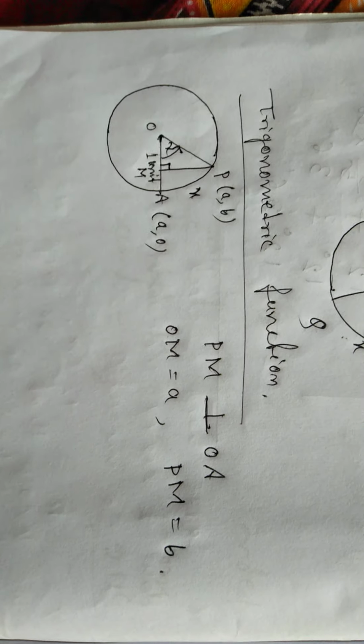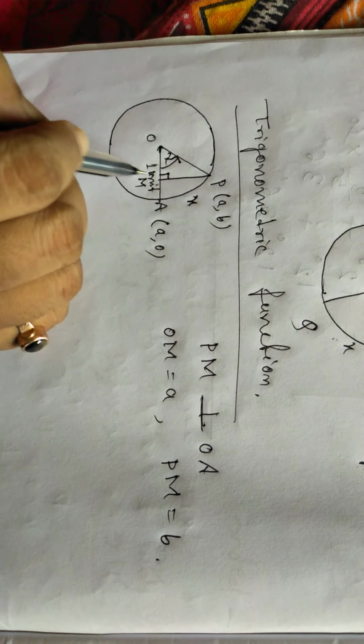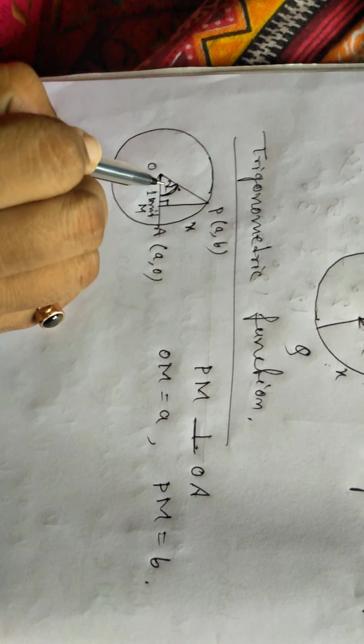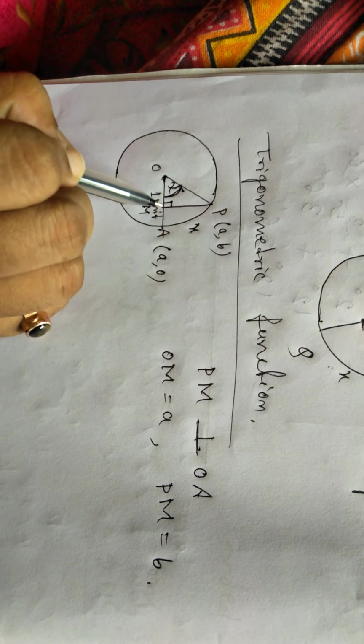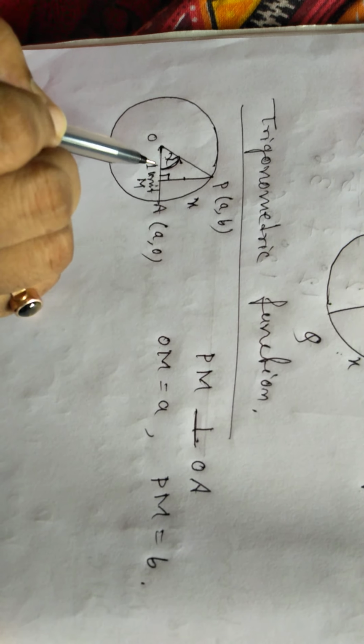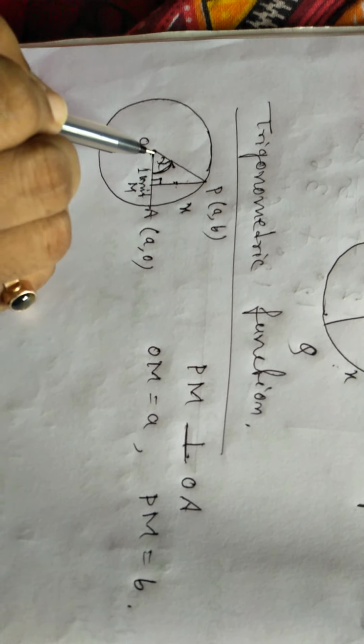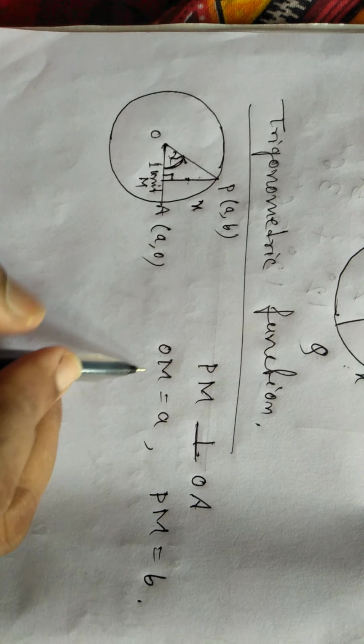This is the way of representation. Here the angle is x, so PM is the perpendicular, its opposite side, and OM is the base.